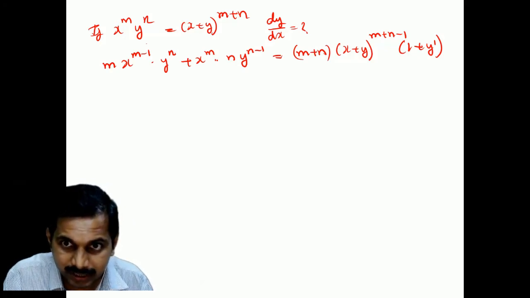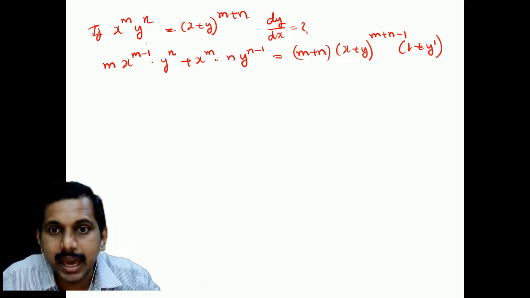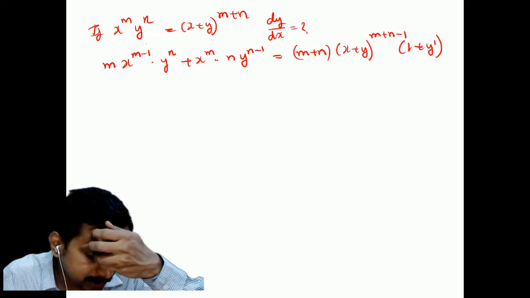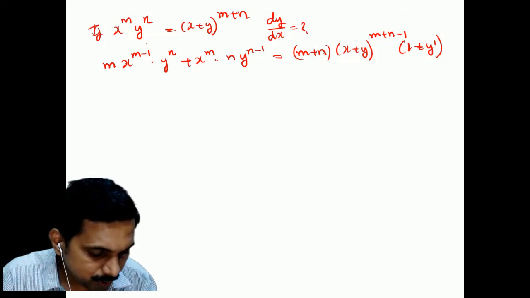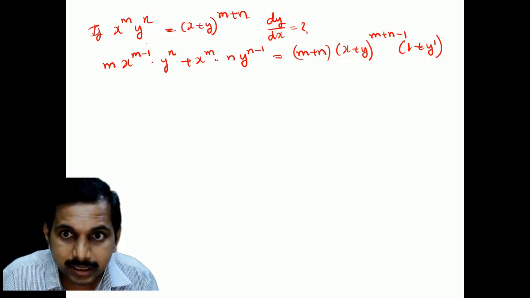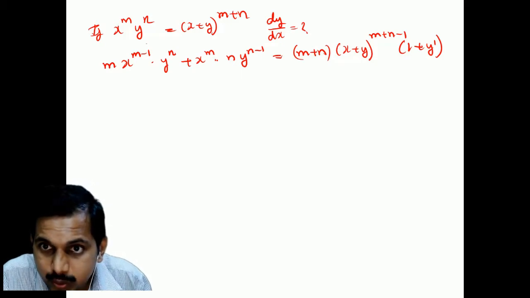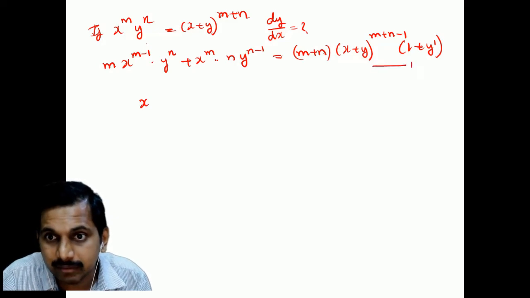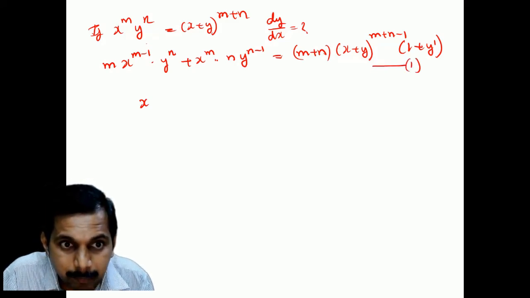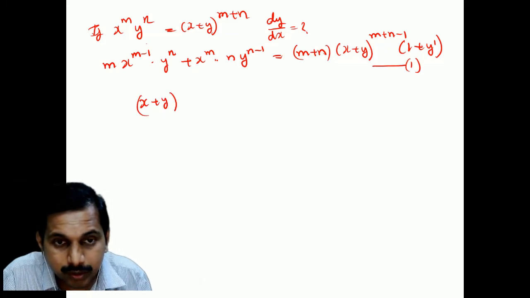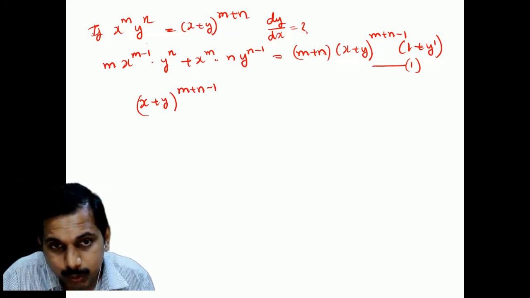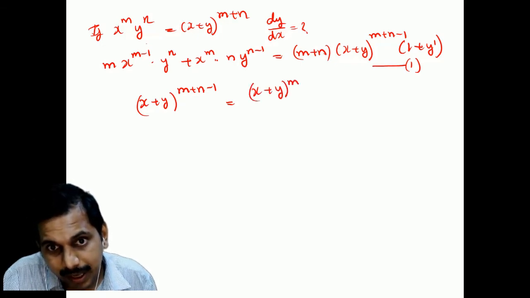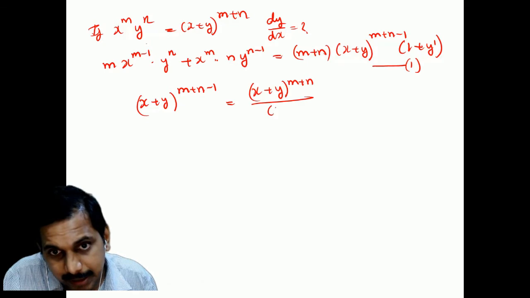Now once this is done, I can write this as m plus n, if you see. Now this can be written in this fashion. If I say (x plus y) raised to m plus n minus 1 is equal to (x plus y) raised to m plus n divided by (x plus y).